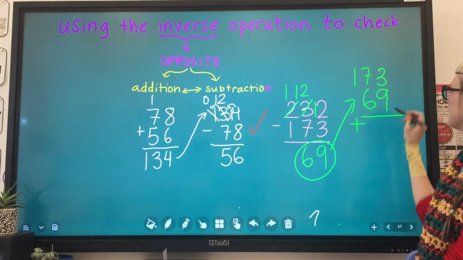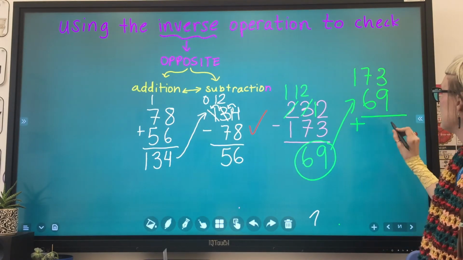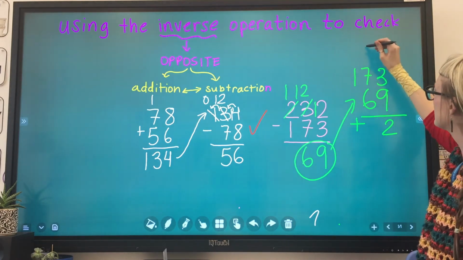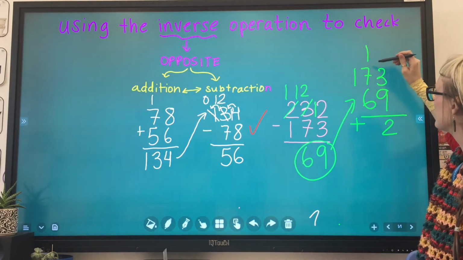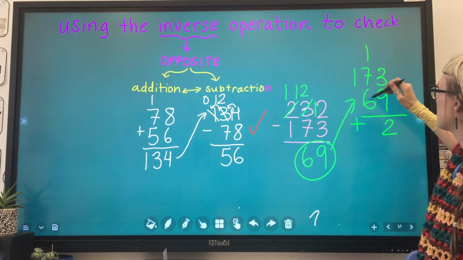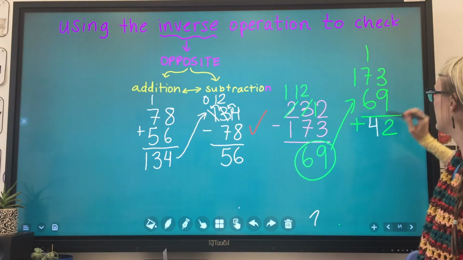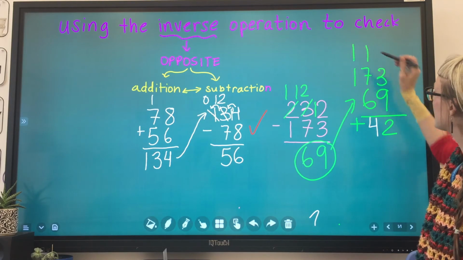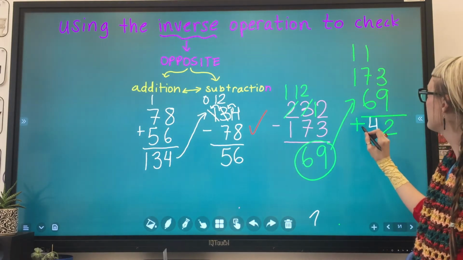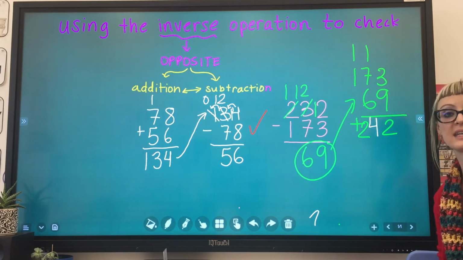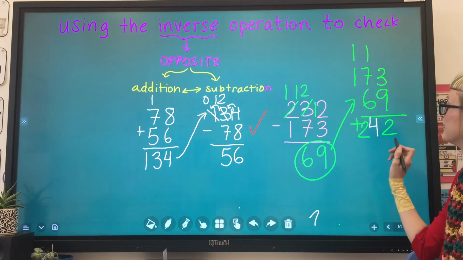So let's check. 9 plus 3 is 12. So I'm going to put my 2 ones, and then it's going to bring it up here. 7 plus 6 is 13, plus 1 is 14. And then I'm going to bring my 1 up here, and I have 2 hundreds. Okay, so let's see. Was I correct?